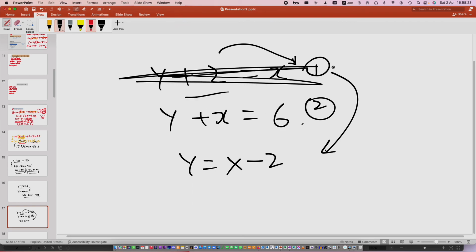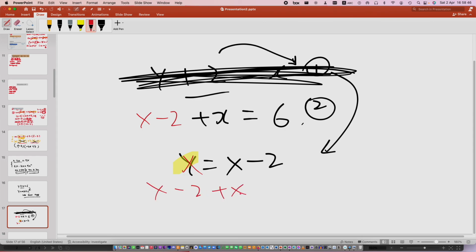So you can delete the 1 already. Once you delete the 1, can you see that you have y on both sides? So what you do, you change the y into x minus 2. So your y here is x minus 2. Are you clear? Then after that you just continue: x minus 2 plus x is equal to 6.